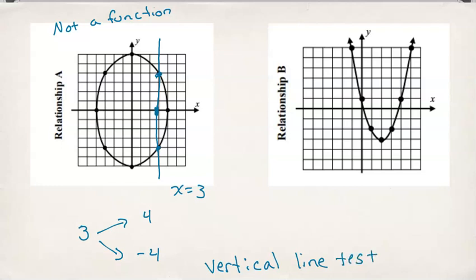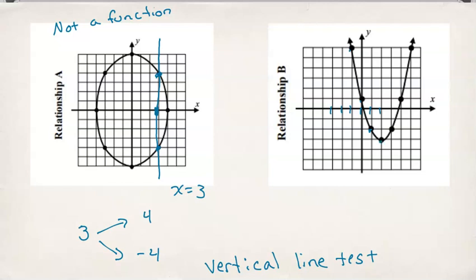If you look at relationship B, you can see that no matter which x value I choose, there's only one point on the function for that x value. If I choose 1, I'm only going to -2. There's nowhere else that I can go. The only output is -2. If I choose 2, the only output is -3.